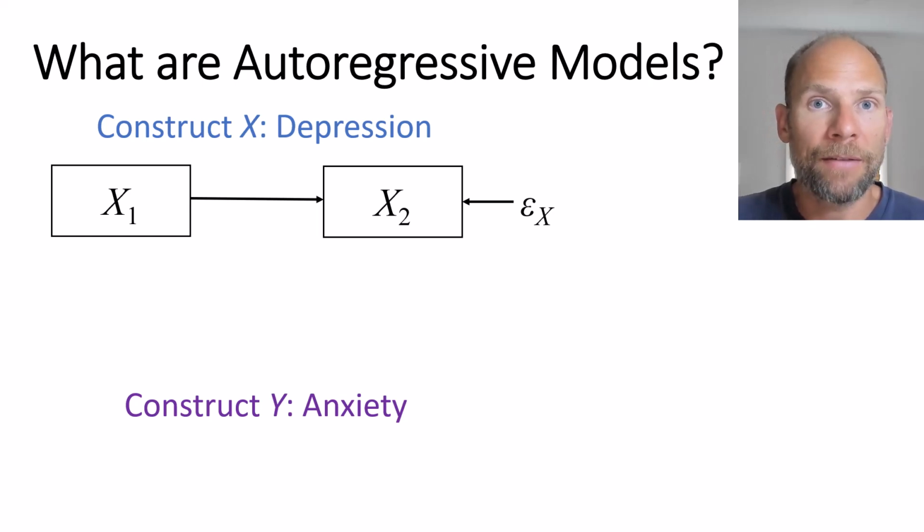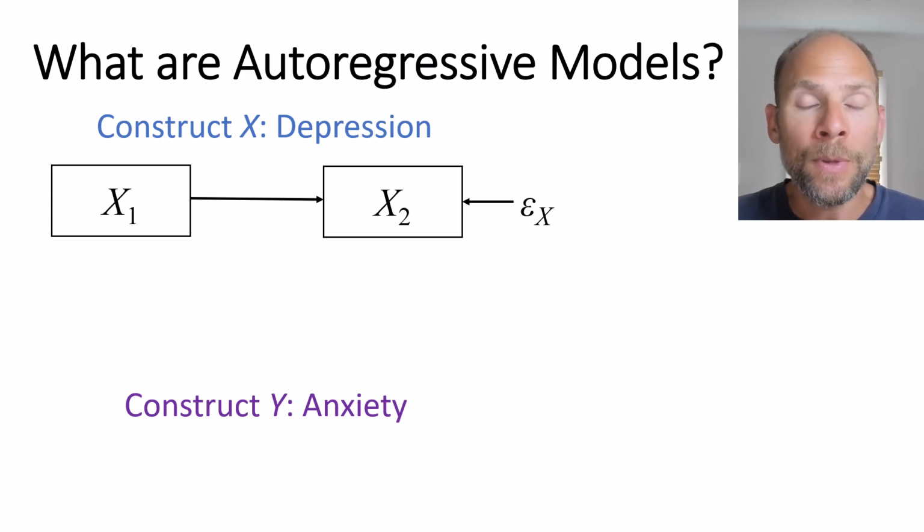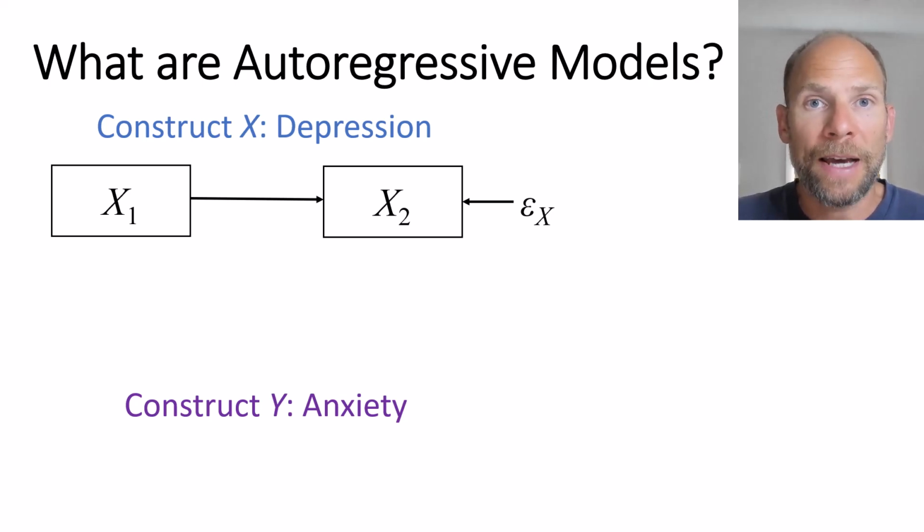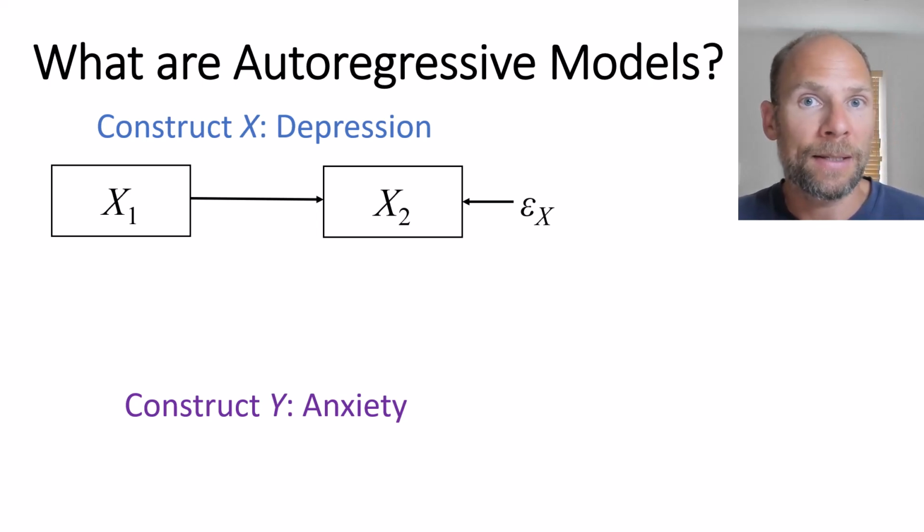For example, having a second construct y, that would be anxiety, where we would take a look at the longitudinal relationship between depression and anxiety. And so then we could, for example, find out whether it is more the case that depression predicts subsequent anxiety, or whether it's more the case that anxiety predicts subsequent depression longitudinally.